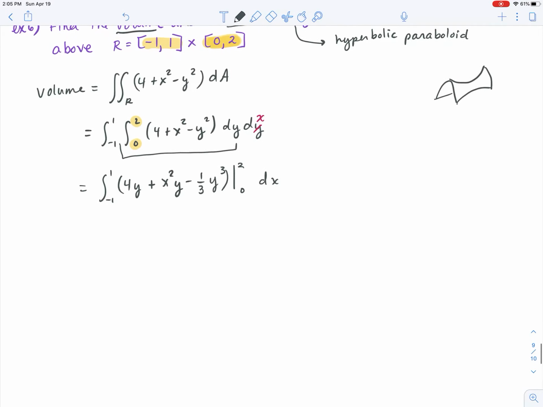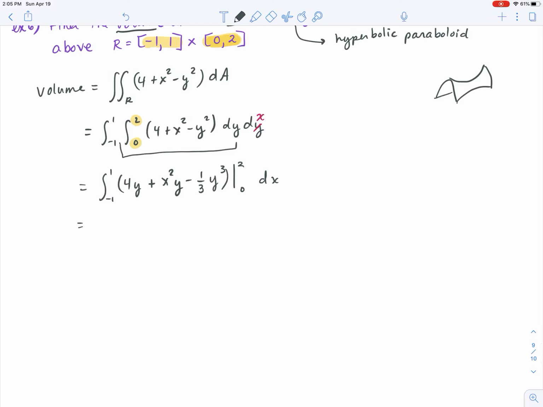Okay, so now we're going to put in the limits of integration. So what I'm going to do is 2 minus 0, especially for polynomials, this is the way to go. I'm just changing the order in which I plug in my limits of integration.